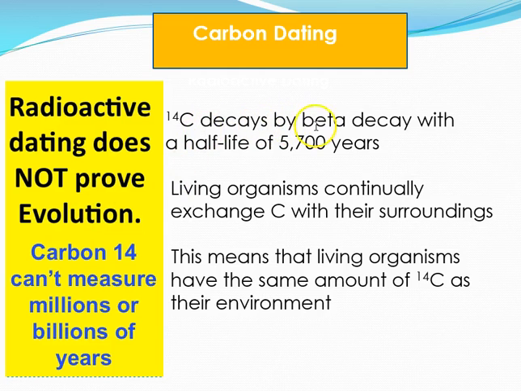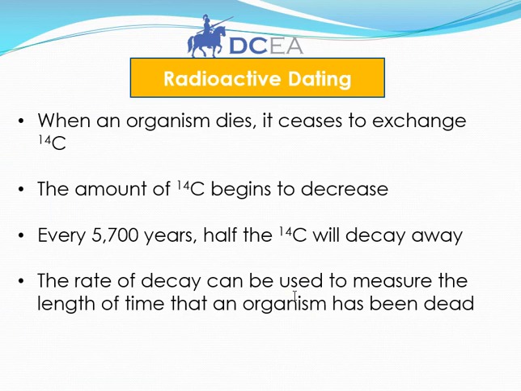Carbon-14 decays by beta decay with a half-life of 5,700 years. Living organisms continually exchange carbon with their surroundings, so the whole time they're alive, they're exchanging carbon. This means that living organisms have the same amount of carbon-14 as is in their environment while they're still living. When an organism dies, it ceases to exchange carbon-14.